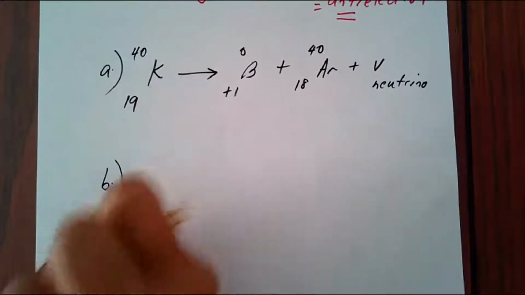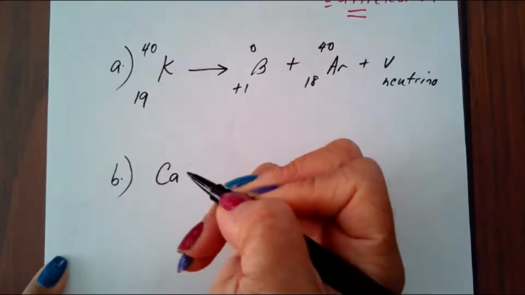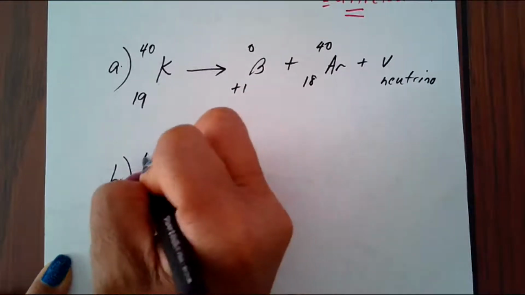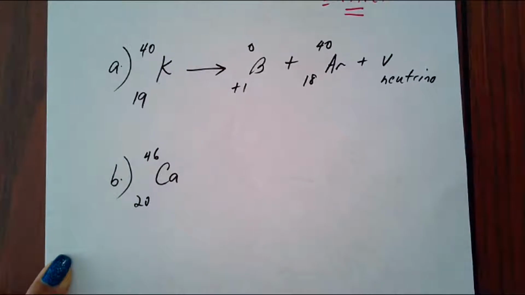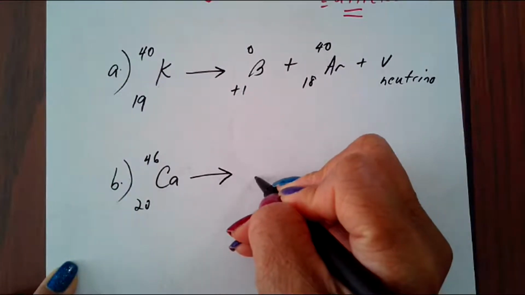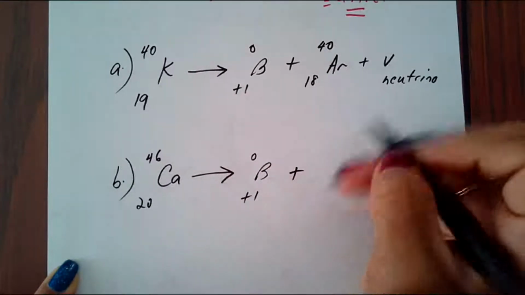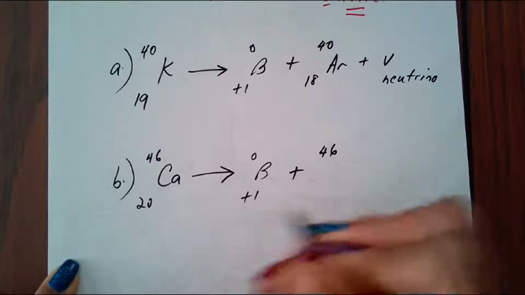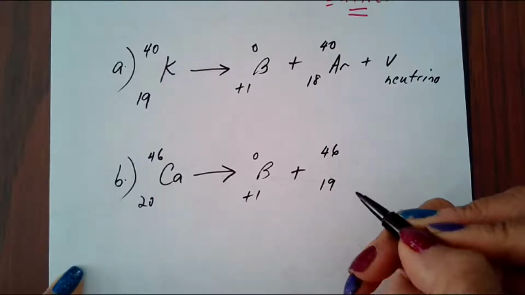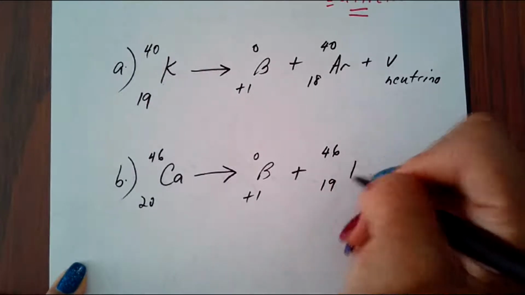Let's do one more example of a beta positive decay. Let's look at calcium. On the periodic table it is 20 and 40. I'm going to look at 46, an isotope of calcium, releasing a positron, beta positive decay. So 46 take away 0 is 46, 20 take away 1 is 19, and number 19 on the periodic table is potassium.